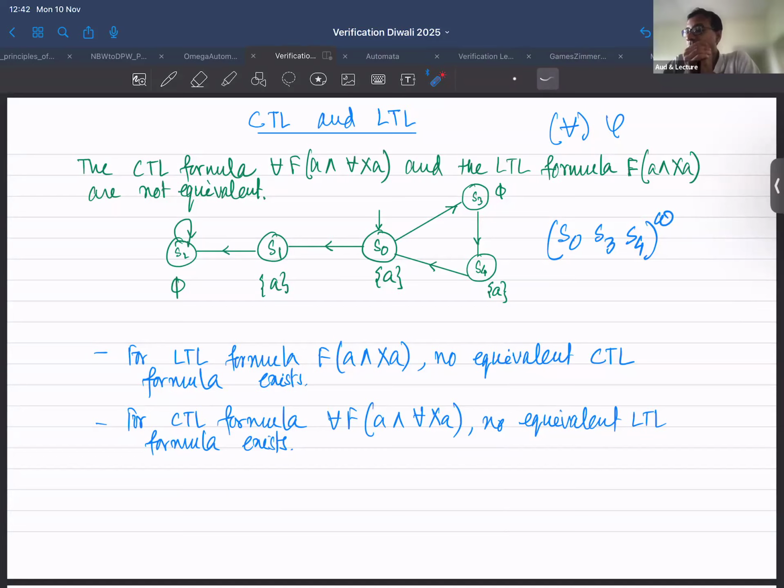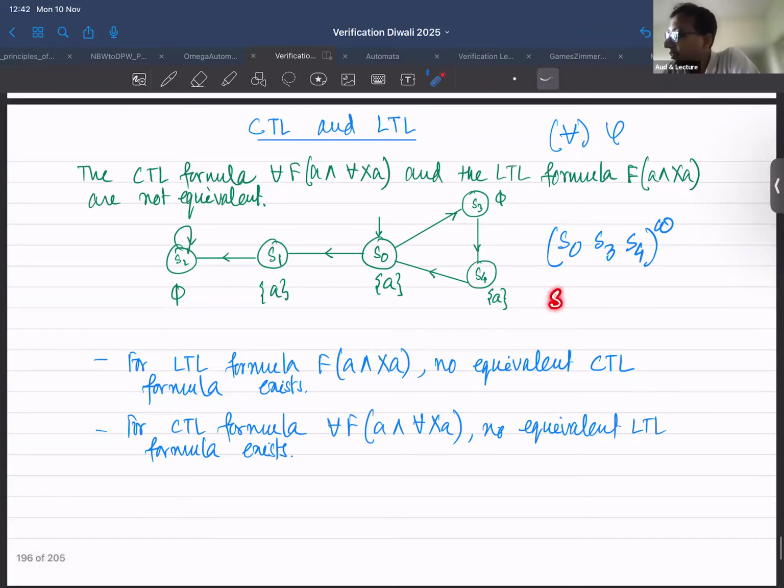Is it satisfied? So what about the path S0, S1, S2 omega? Does it satisfy this formula?